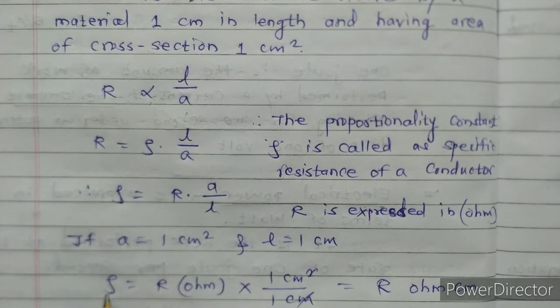Specific resistance and resistance are equal when area and length are 1 unit.